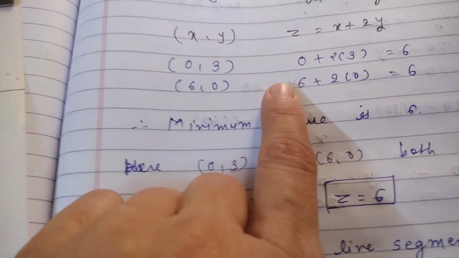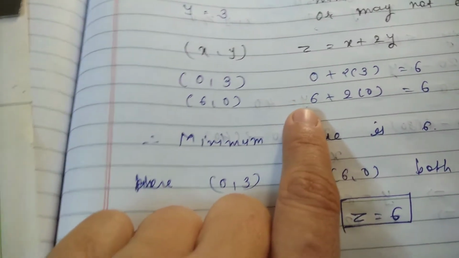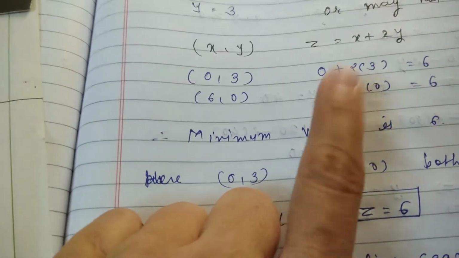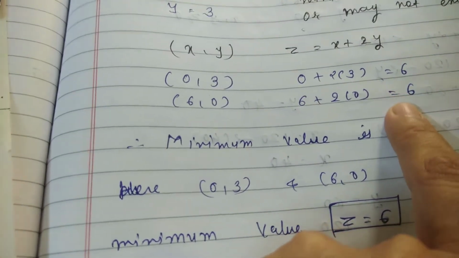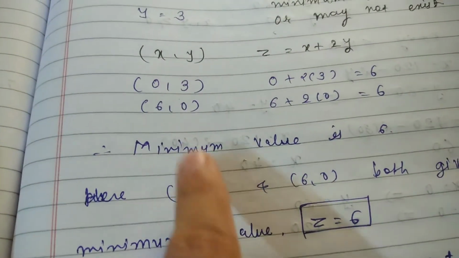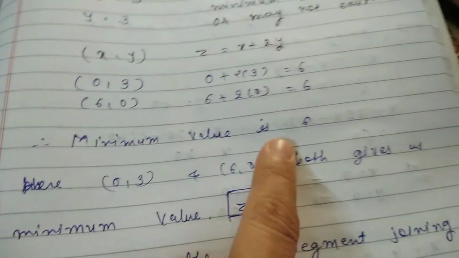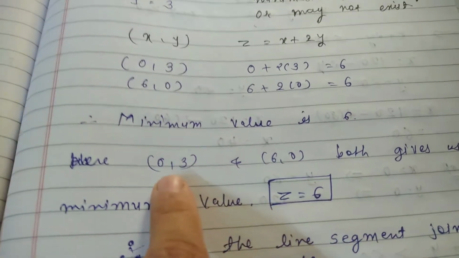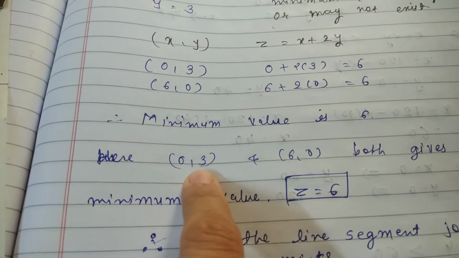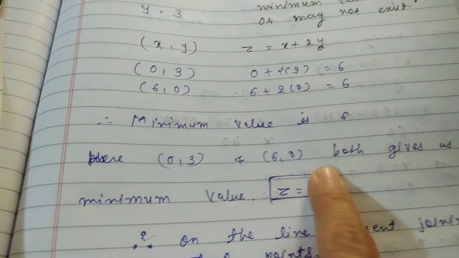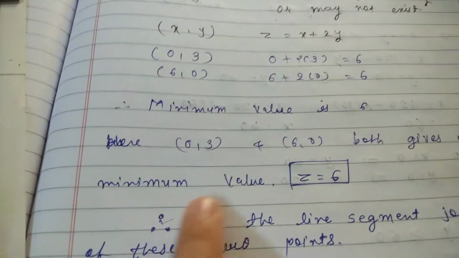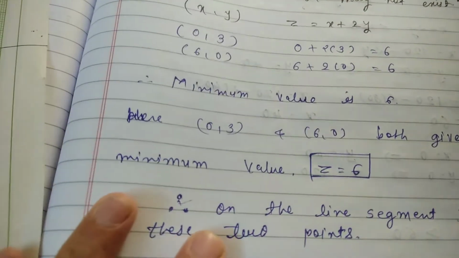Whenever this type of condition occurs when we are finding a maximum or minimum value, the same maximum or minimum value can occur at many points. In that case we have to write that the minimum value is 6, as both (0, 3) and (6, 0) give us the minimum value, that is z = 6.